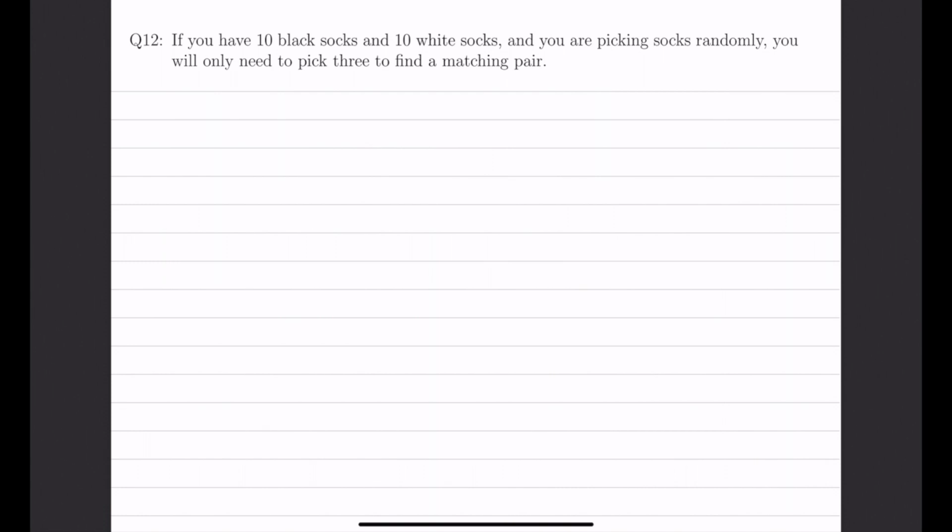So here the pigeons are the 3 socks that we randomly pick, and the pigeonholes are the 2 colors, black and white, right?